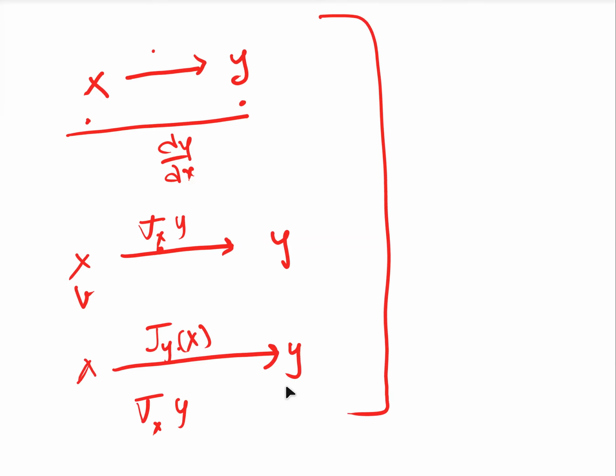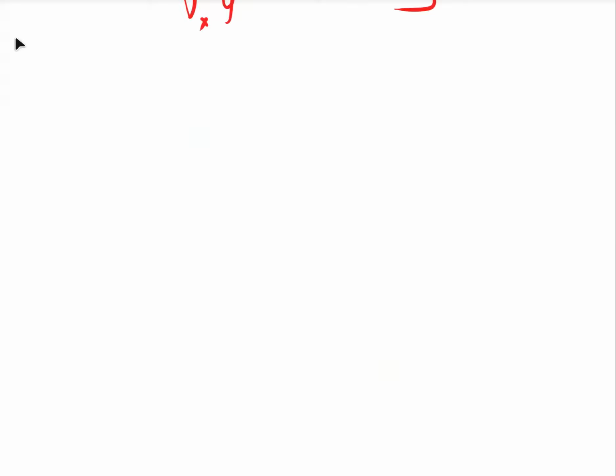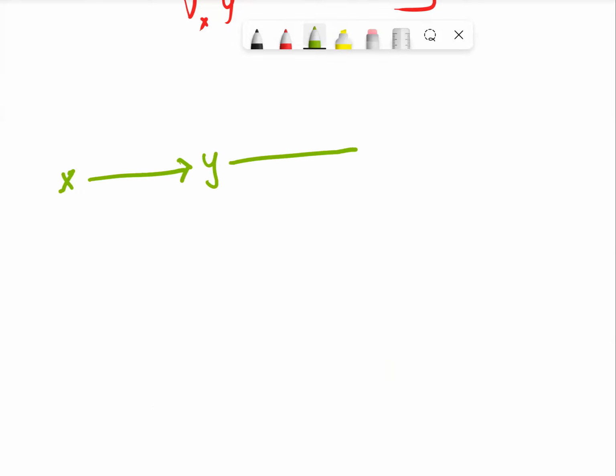Now let me try using the chain rule. If I've got some chained dependency of this kind, where X affects Y, which affects Z, okay? The weight of this edge is going to be the derivative of Y with respect to X. The weight of this one is going to be the derivative of Z with respect to Y, right?